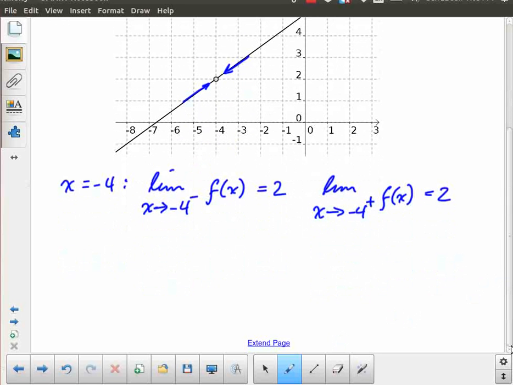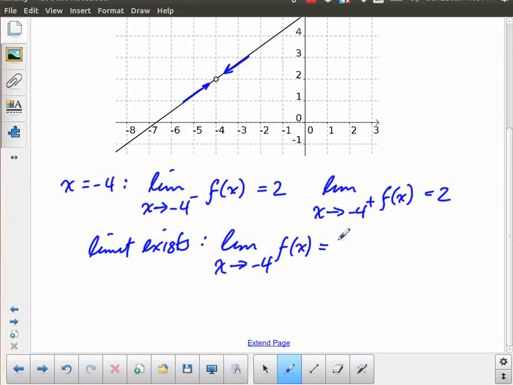So these two things together mean the limit exists, and we can say the limit as x approaches -4 overall is equal to 2, but f of -4 itself, that is a hole. And so once again, we end up with undefined at the actual value. Because this is undefined, I don't care that the limit exists, whether it's a finite number like 2 or an infinity.